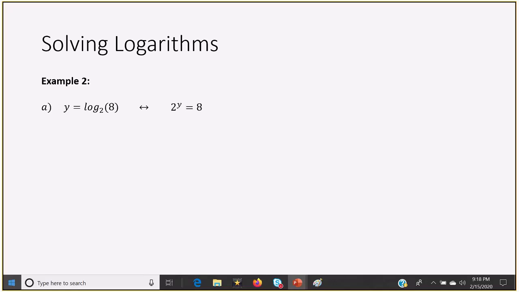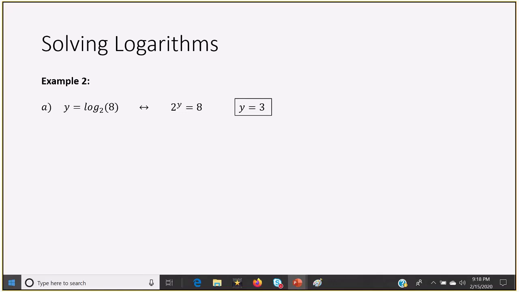When you see this, I would expect you to connect the dots and say, okay, what power of 2 gets me 8? Well, even if you aren't great, we can think about it. 2 to the first is 2, 2 squared is 4, 2 to the third is 8, and so y is equal to 3. And so log base 2 of 8 is equal to 3.